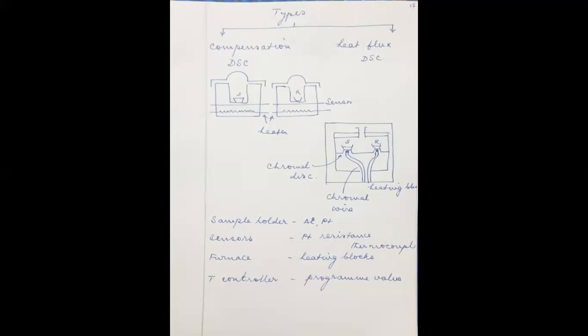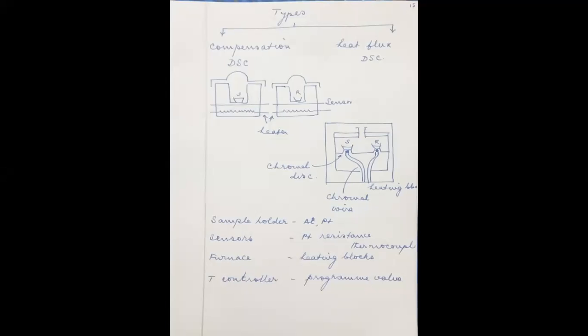Number two, they should have very low heat capacity. They themselves should not absorb heat. Number three, they should be non-reactive and non-corrosive. Number four, they should not decompose. That is stability, resistance to heat. So these are all the important characteristics that a sample holder should have.